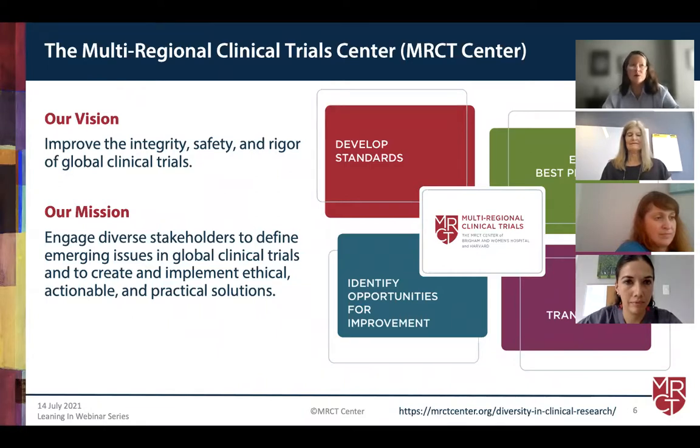And we do that work by pulling together diverse stakeholders to address a problem, but not just to define a problem, but really to explore how to make significant progress in addressing that problem. So we'll only take issues on that we think are practical policy and practice issues where we can offer solutions and make some headway.